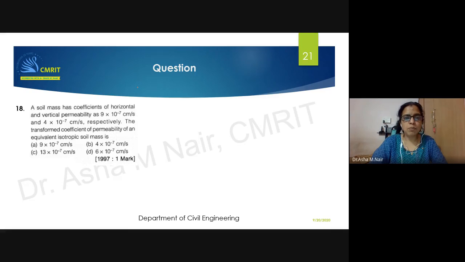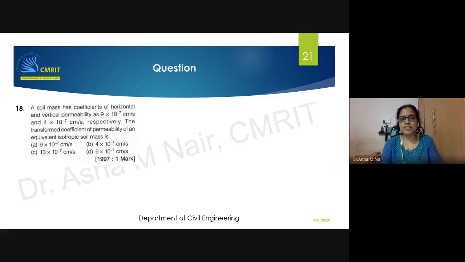Find the transformed coefficient of permeability for an equivalent isotropic soil mass. How do we do this? Horizontal is Kx, vertical is Ky.